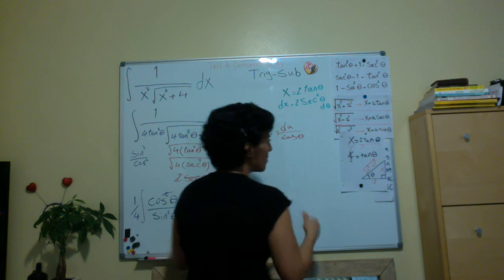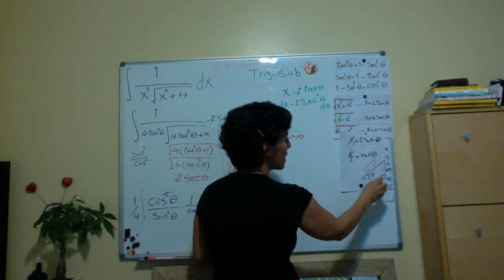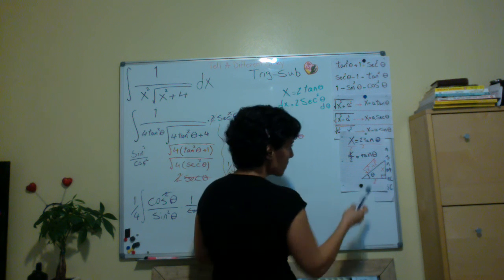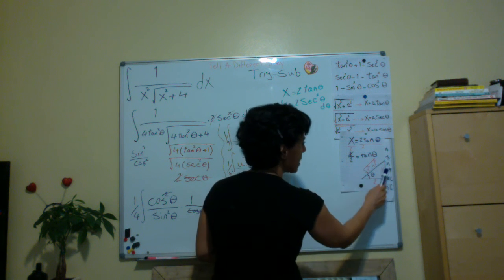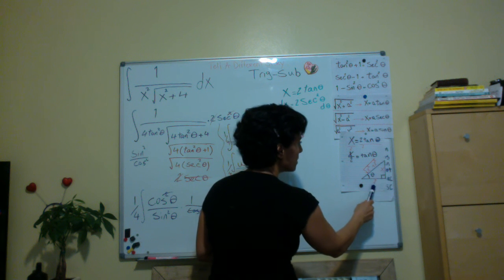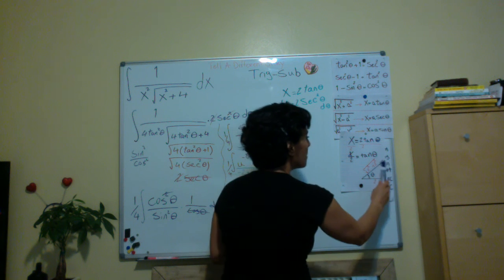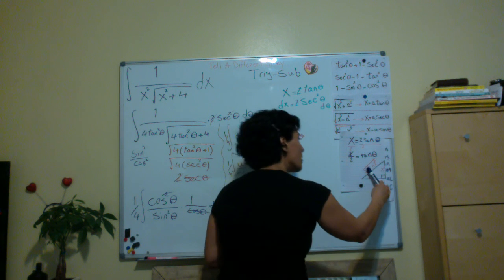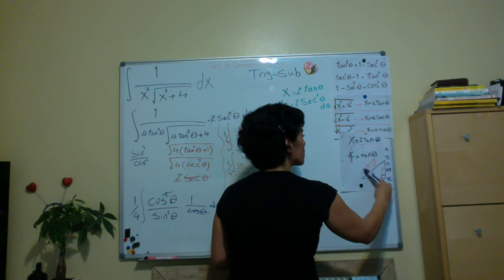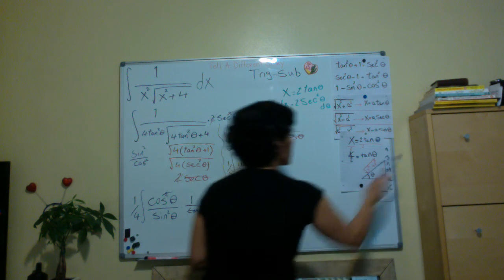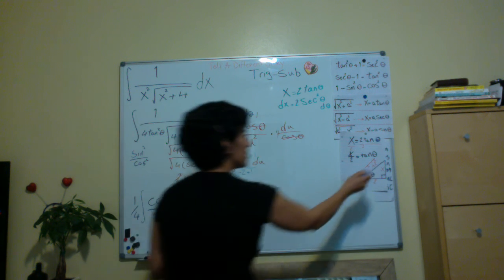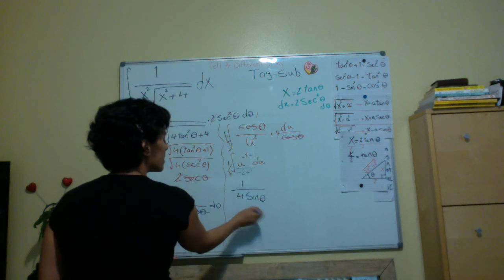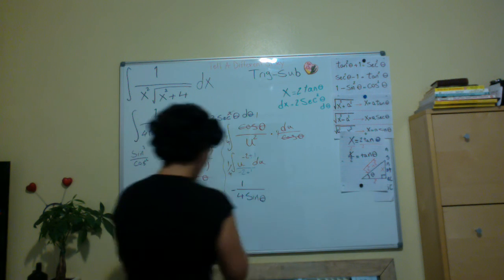And so I've gone ahead and drawn a right triangle. So tangent is opposite over adjacent. And then my hypotenuse is this guy squared plus this guy squared, which will give me my hypotenuse squared, but I don't need the squared version of it. I need it under the radical sign. So that is my hypotenuse. And what is sine? Sine is opposite over hypotenuse.